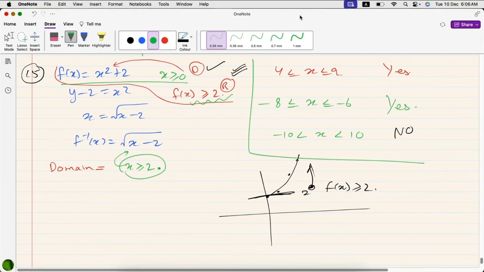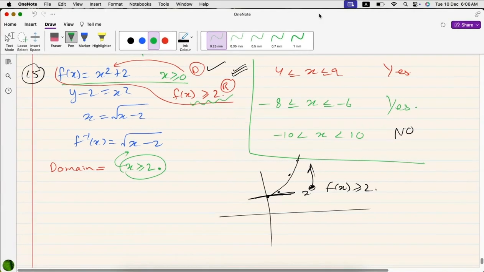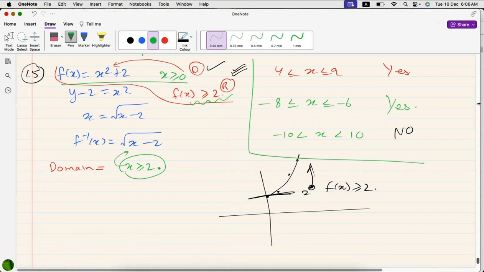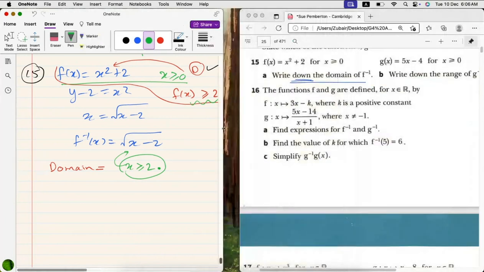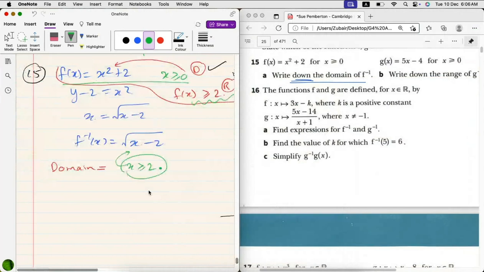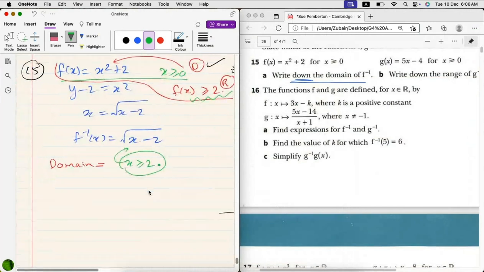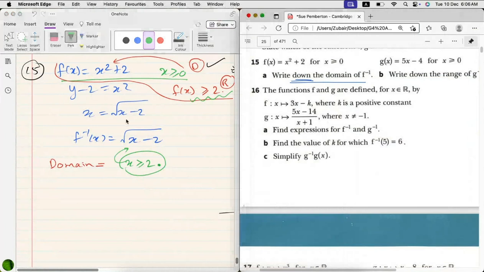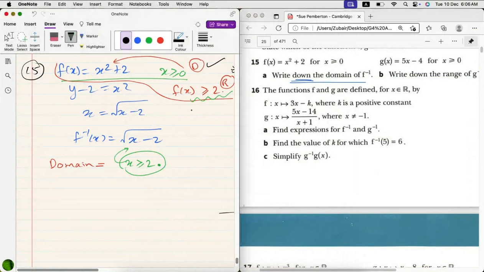So the domain of f inverse x is going to be x is greater than or equal to 2. And the range, no, it's g, not inverse. He's not asking about the range, but if we would, then the range would be what was the domain.